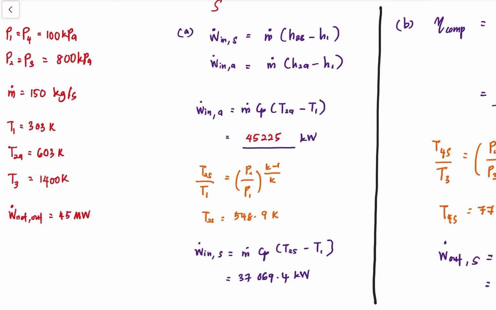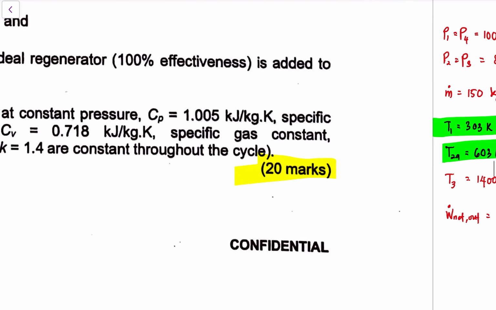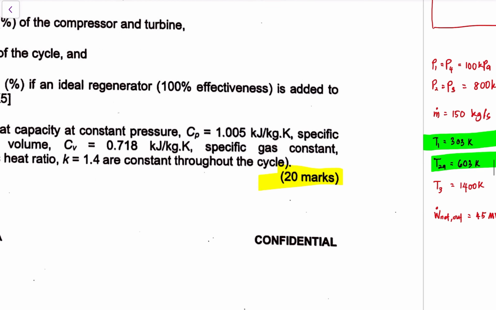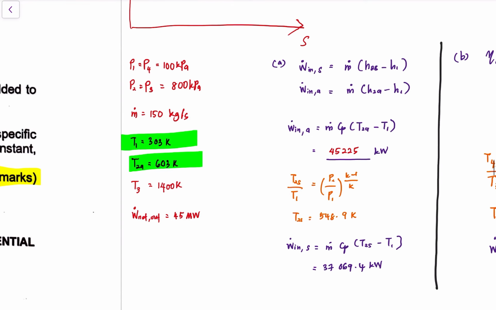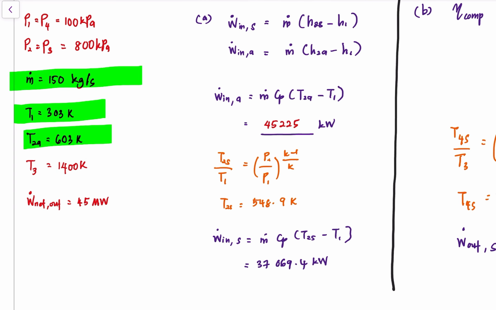Since you have the actual temperature at state 2, T2A, and the temperature at state 1, and Cp and the mass flow rate have been given by the question, now you can determine the actual power input by the compressor.